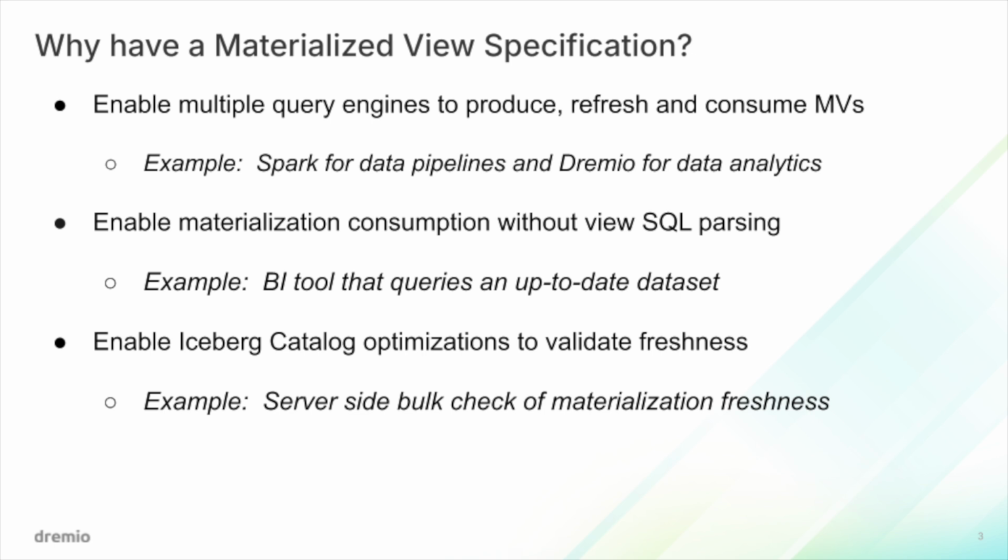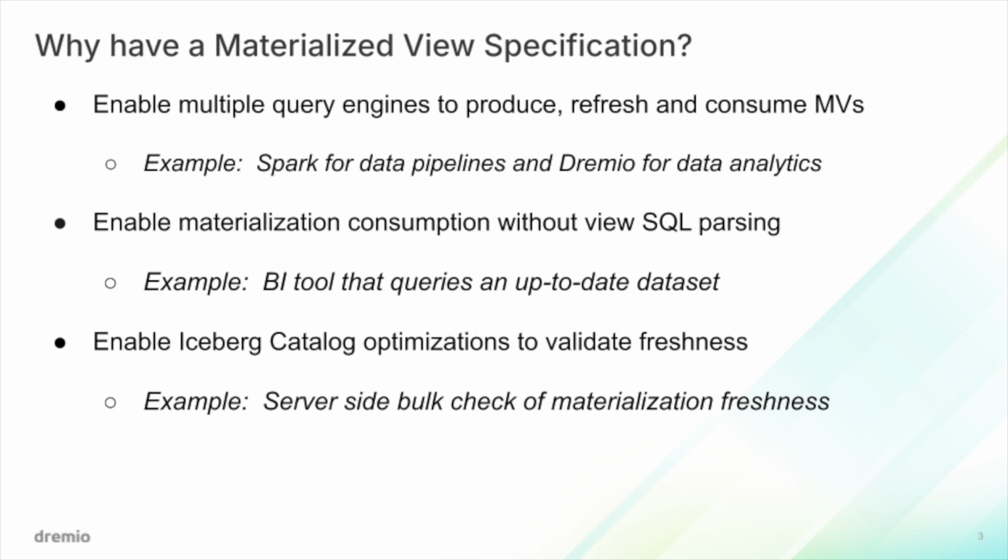And finally, if this specification is within Iceberg, then this can enable Iceberg catalog optimizations to validate the freshness. You can imagine that when a client connects to the catalog and retrieves a view, the catalog will do the work in the background, process and check the validity of this view, and say, hey, this view is actually up to date.